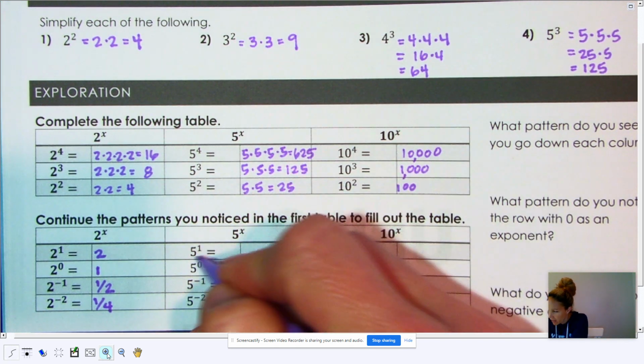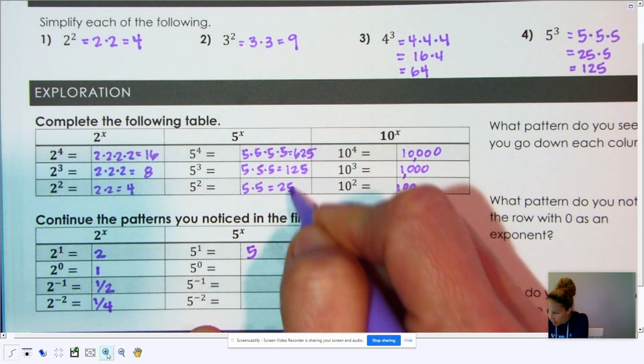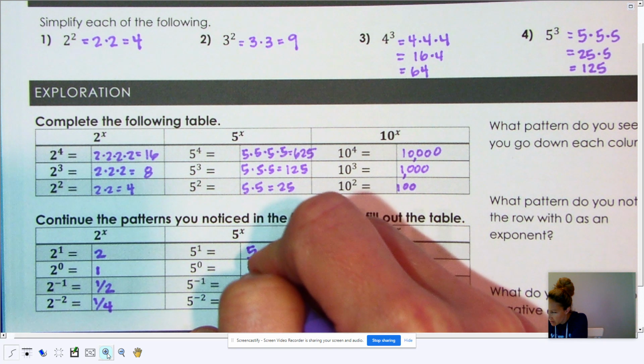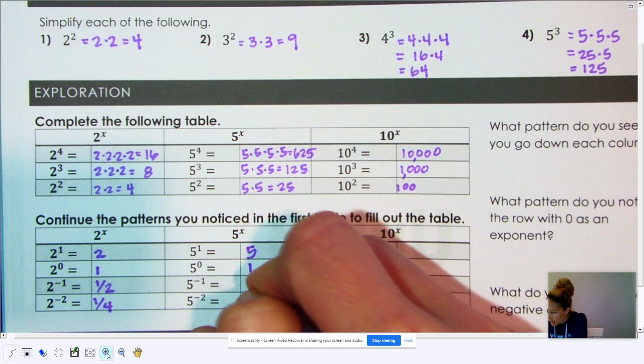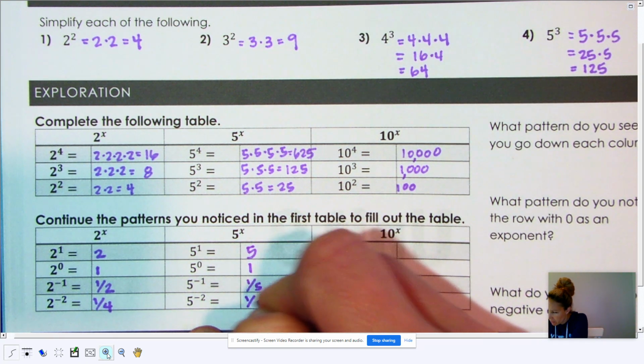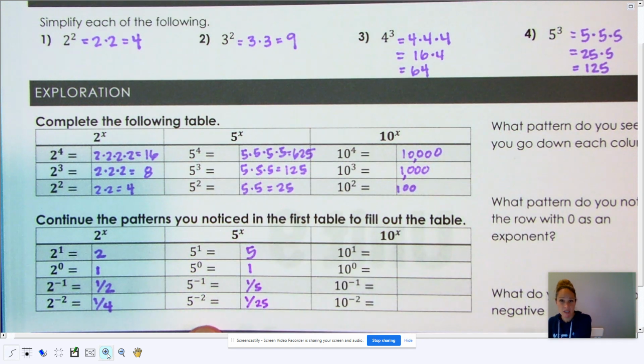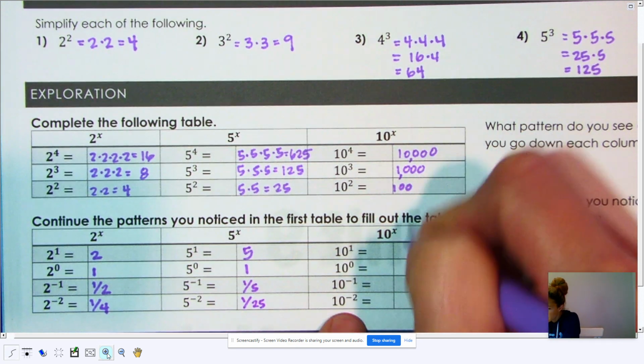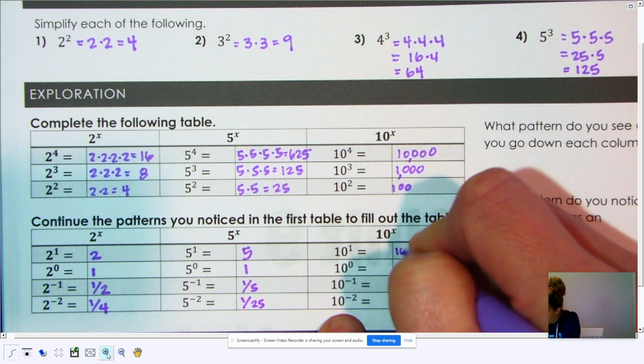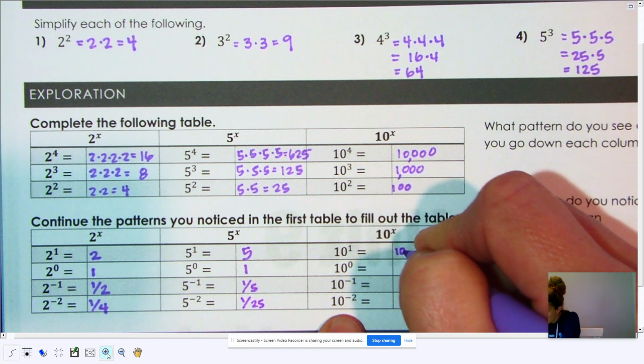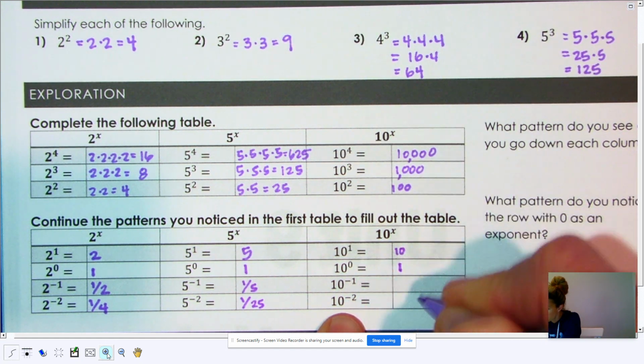So if I'm going to divide by 5, we know that this one's 5. That pattern still works. 5 divided by 5 is 1. If I divide that by 5, I get 1/5. And if I divide that by 5, I get 1/25. Now I'm going to do the same thing for 10s. If I have 10, that's 10, right? We divided by 10. 10 divided by 10 is 1. I have no zeros.